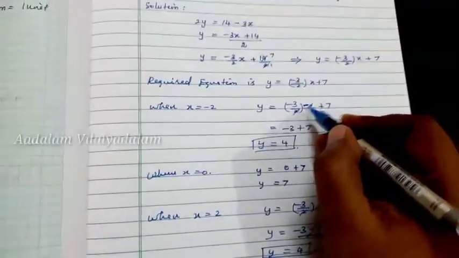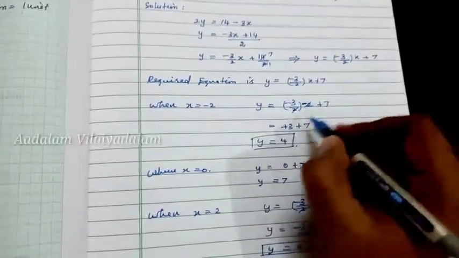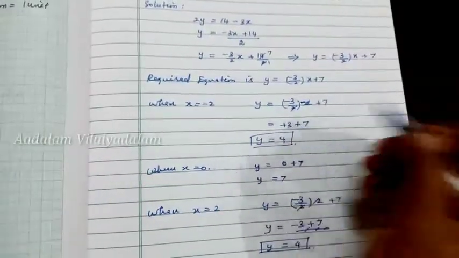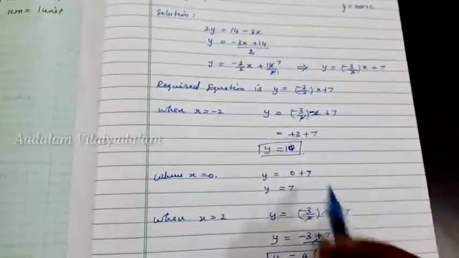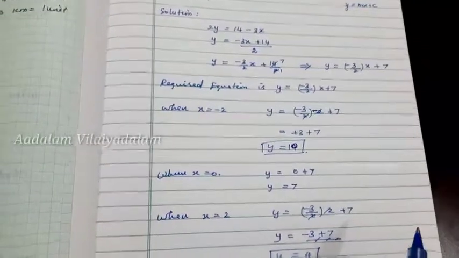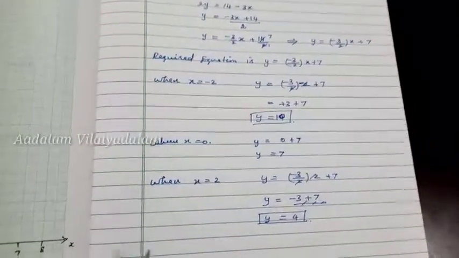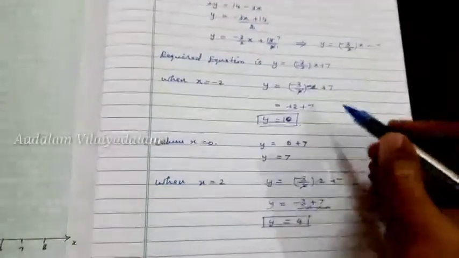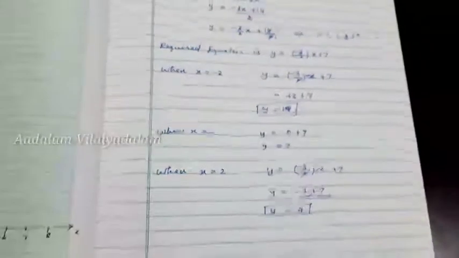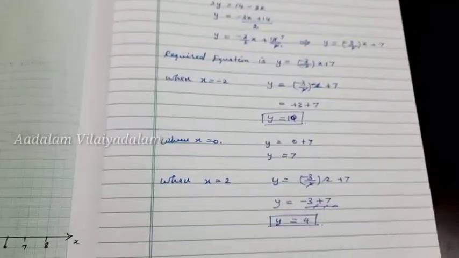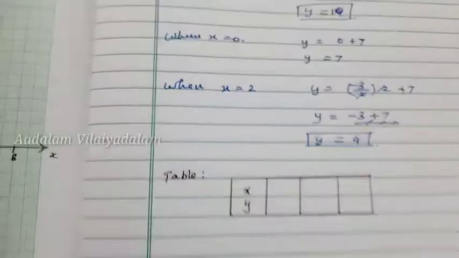So if we substitute the minus, minus into minus will become plus. Then plus 3 plus 7, I get 10. So y equal to 10 I will get. Here the other values will be as they are. So just one more correction, that is y equal to 10. Now we shall make the table for these values.